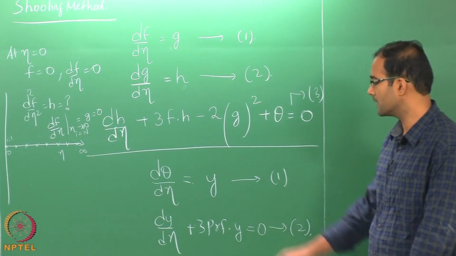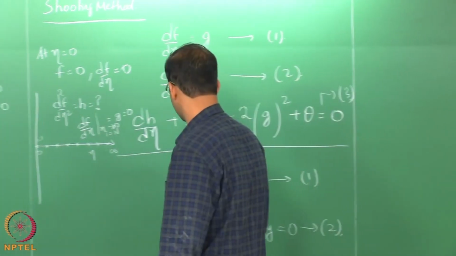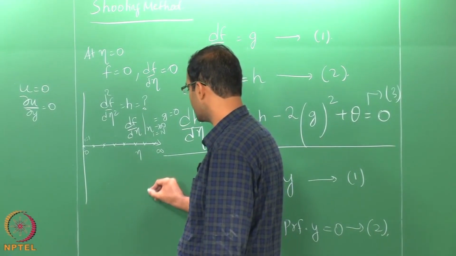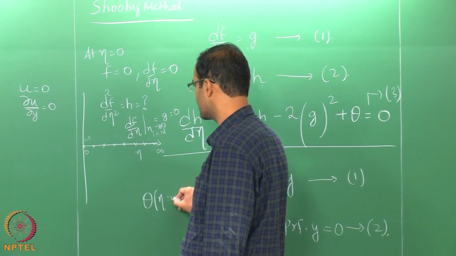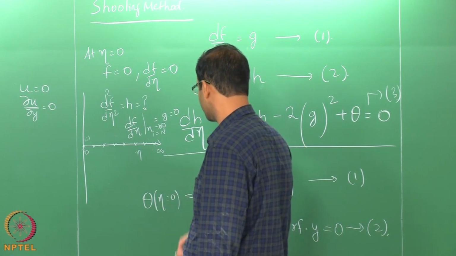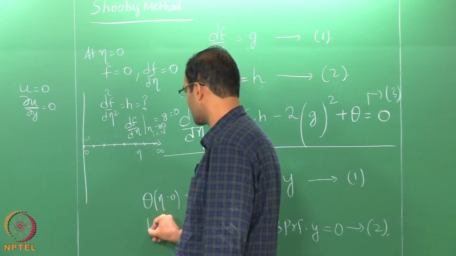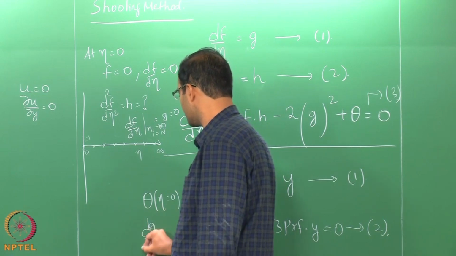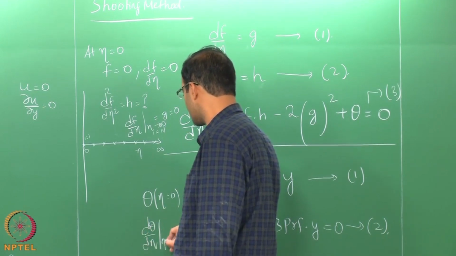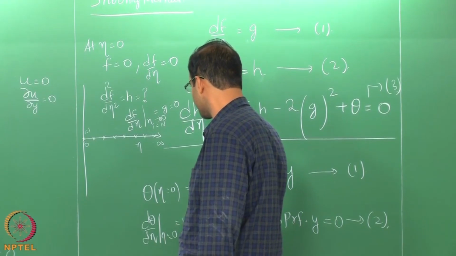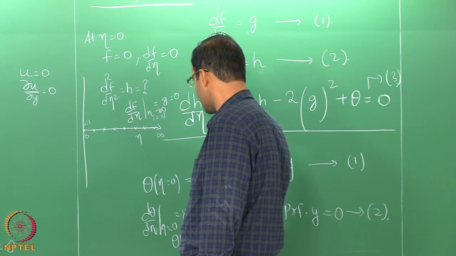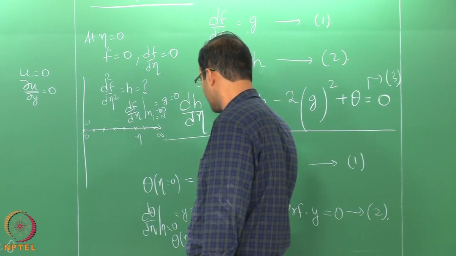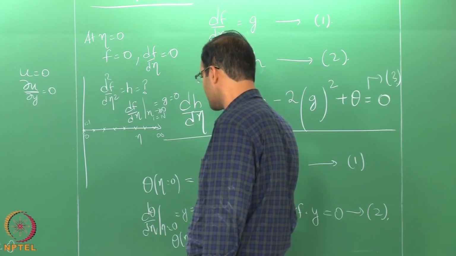Same way here, if you look at theta, you know that theta at eta equal to 0 is equal to 1, but you do not know what d theta by d eta is at eta equal to 0. So this is your y, which is not known, but what you know is theta at eta going to infinity, which is equal to 0.